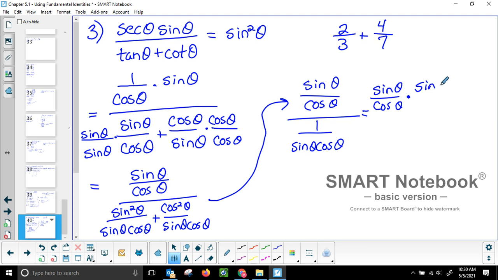So now it's sine theta cosine theta over 1. What happens to this cosine theta in the denominator and the 1 in the numerator? They cancel. What is sine times sine? Bam. That's what we were supposed to get to. We have verified.